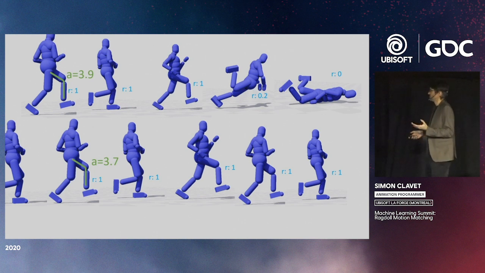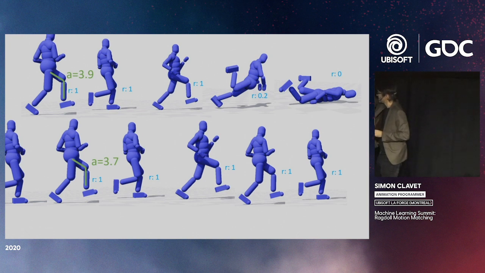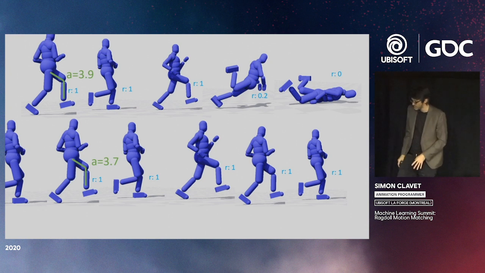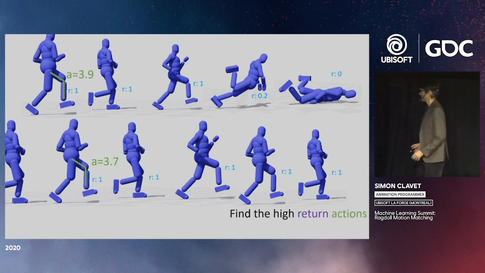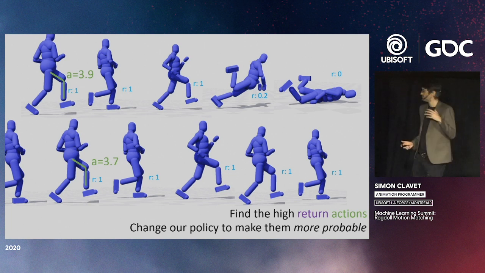You see the returns after the 3.9 got to 0 because he fell. So we like 3.7 better: in this state we should do this action. We don't care too much about what this action means. Maybe it's a torque, maybe it's a motor activation in the knee or something, deciding to put the foot somewhere else to avoid falling. So we're going to find the high return actions and change our policy to make them more probable. There's two things we need to think about now.